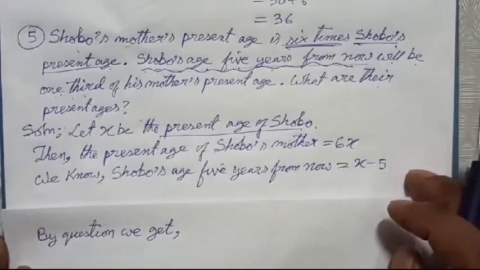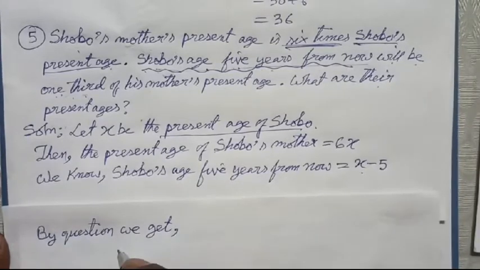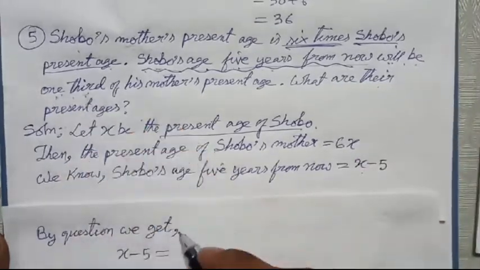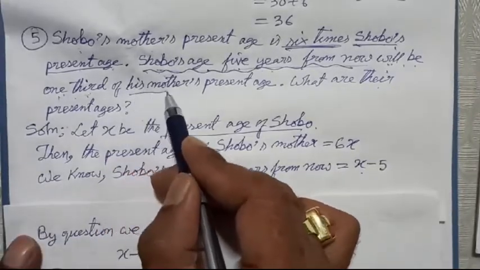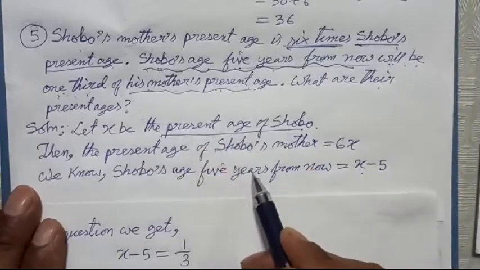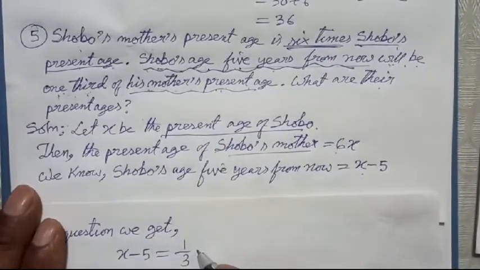Sobu's age 5 years from now is x minus 5. So this x minus 5 will be 1/3 of his mother's present age. The present age of Sobu's mother is 6x, so 1/3 of Sobu's mother's present age means 1/3 of 6x.